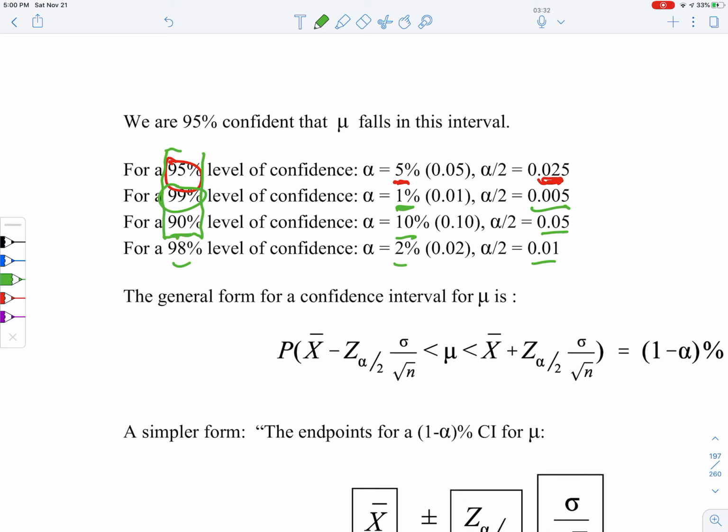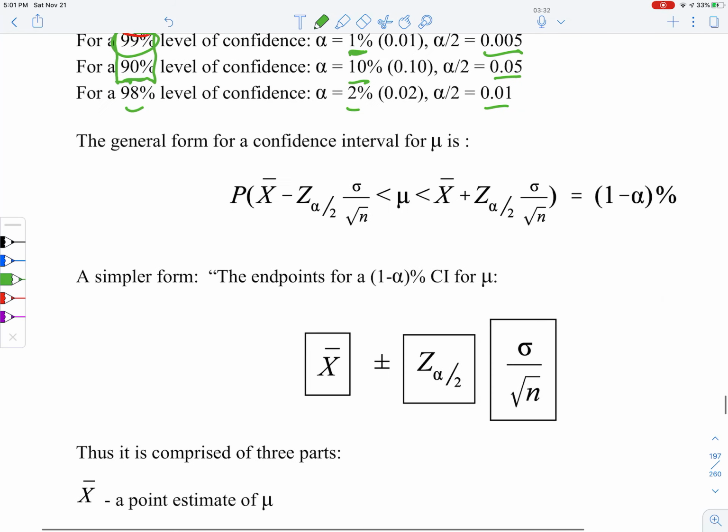These first three in particular are really three common levels of confidence. We're usually talking about a 90, 95, or 99% level of confidence. So the general form that we have for a confidence interval looks like this.